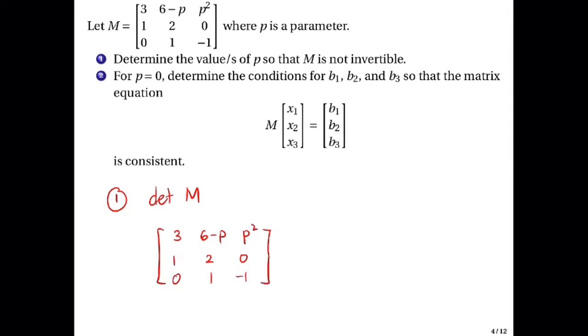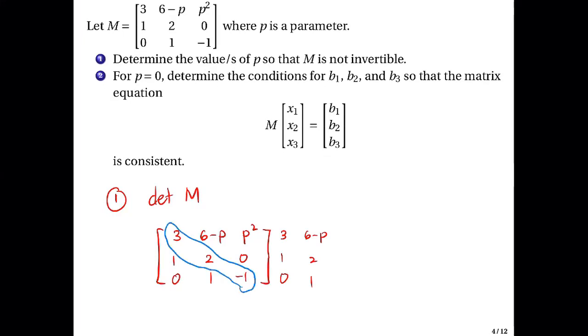And then we augment the first 2 columns, 6 minus P, 2, 1 for this column. And then we do this, okay? So we multiply the entries here, here, and here.